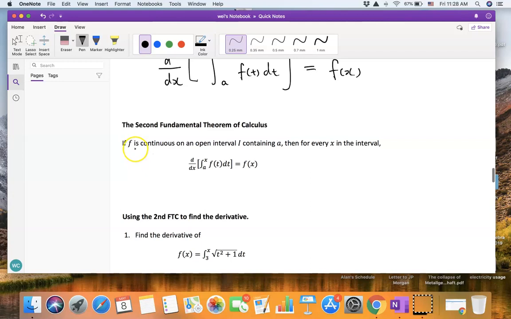If f is continuous on an open interval I containing the point a, then for every x in the interval, when we take the derivative of this integral, the result equals f(x).